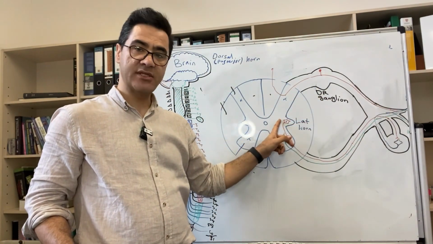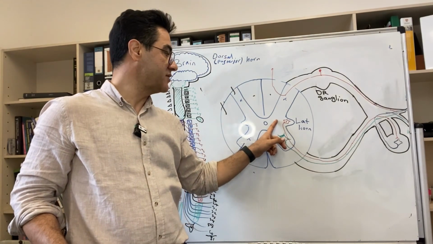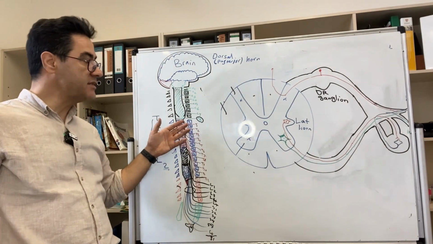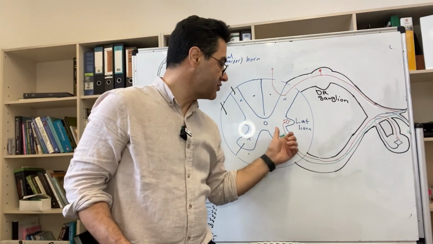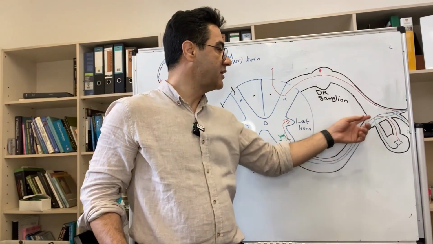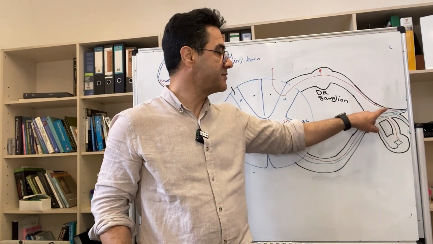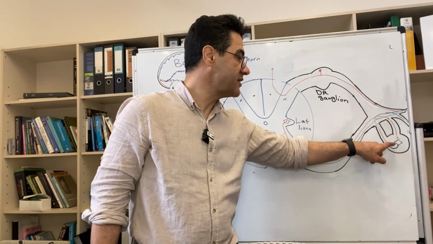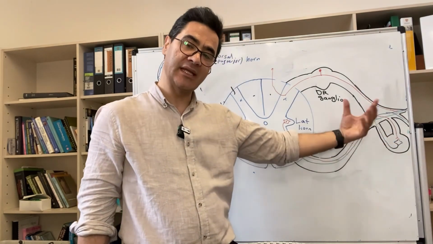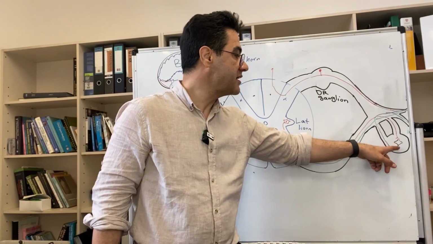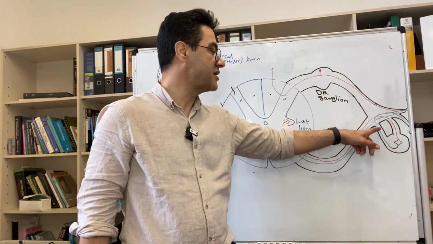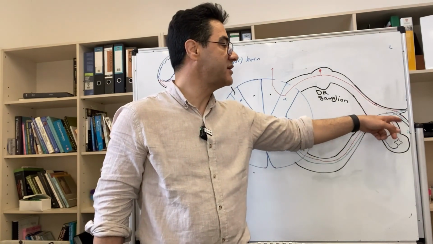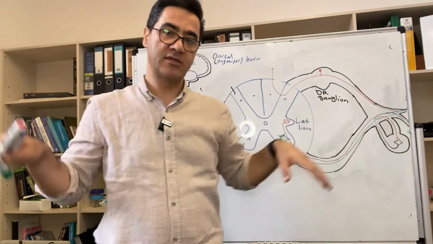So the cell body of the preganglionic sympathetic neurons is within the lateral horn of the T1 to L2 spinal segments, and the axon exits through the ventral horn, ventral root, and the spinal nerve, and then exits the spinal nerve through the white communicantis, and synapses onto the cell body of the postganglionic sympathetic neurons, and the axon exits the sympathetic chain through the gray communicantis, and then jumps onto the spinal nerve and gets into the targeted organs.